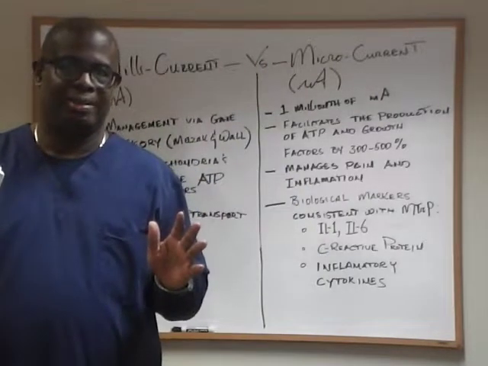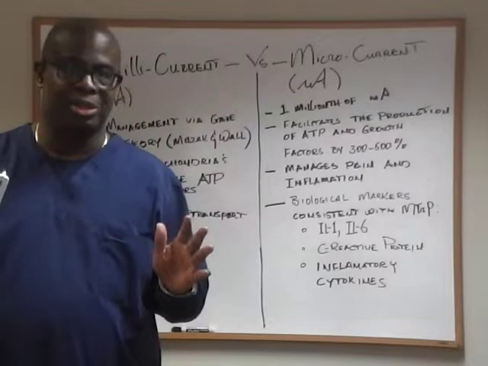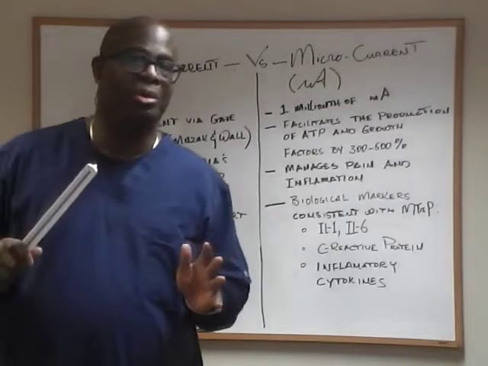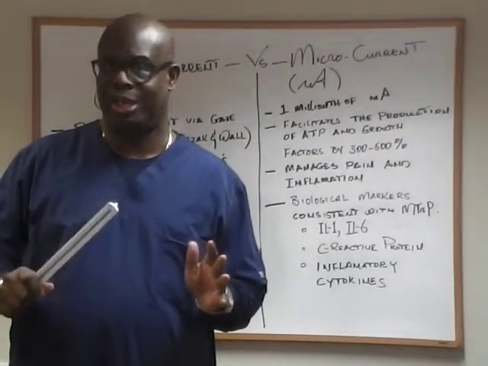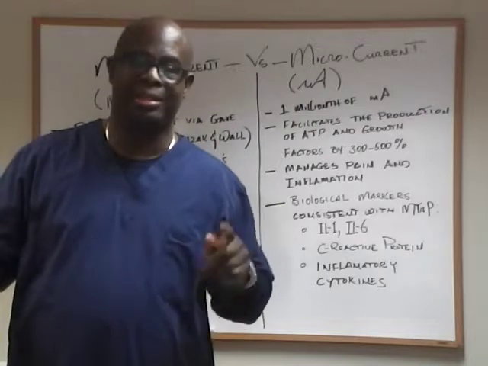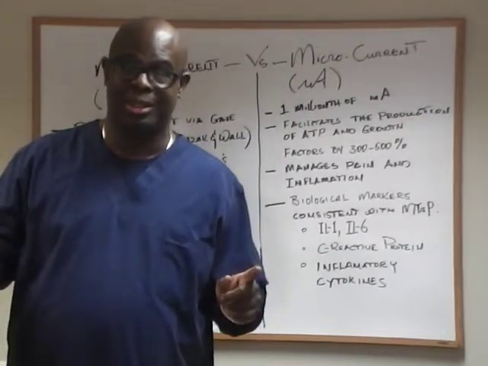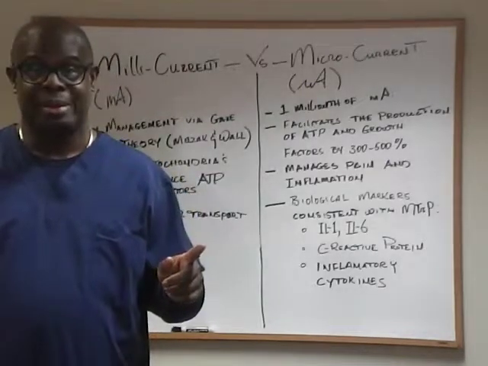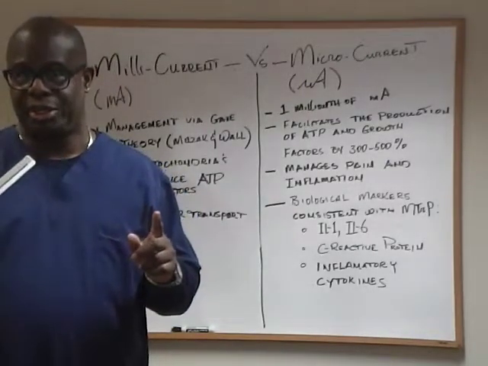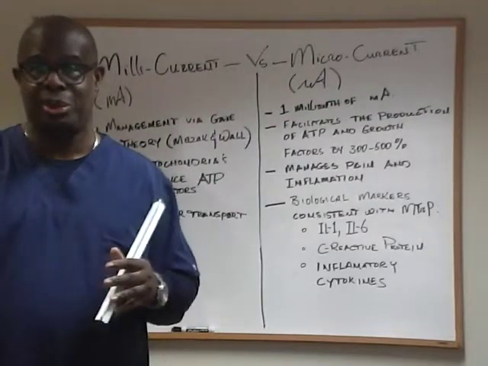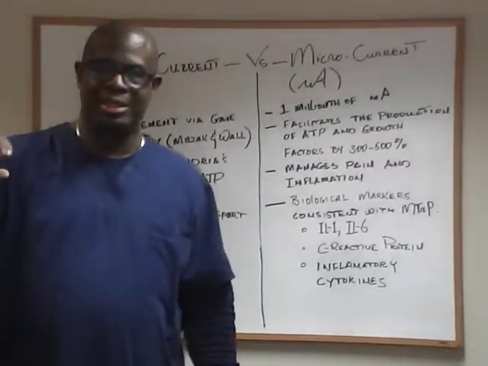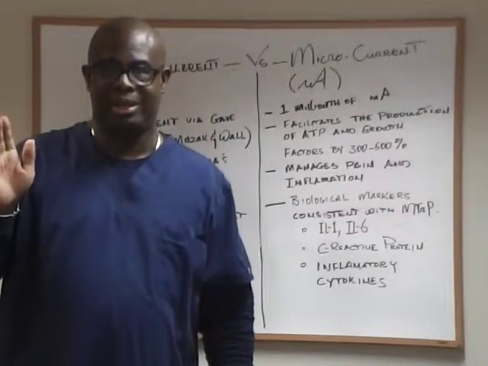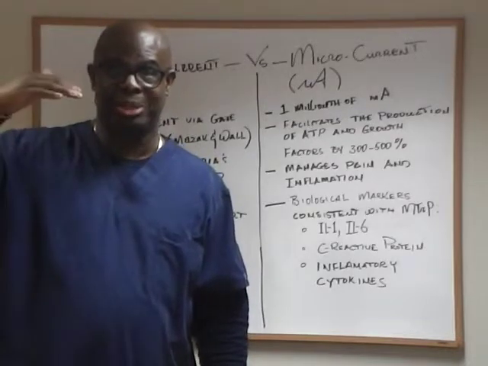Microcurrent is delivered at sub-threshold levels, meaning it should be below your patient's perceptible range. That is, once you connect the electrodes or the leads to whatever unit that you might be using, once you set the frequency, you turn the intensity up until the patient just perceives it, and then you drop it just below that perception.